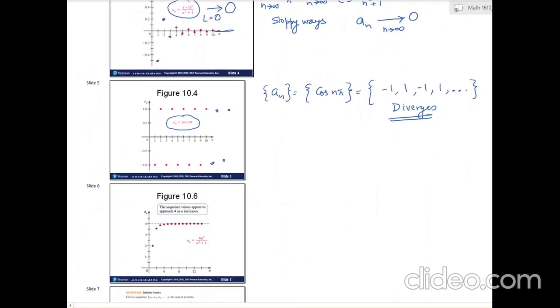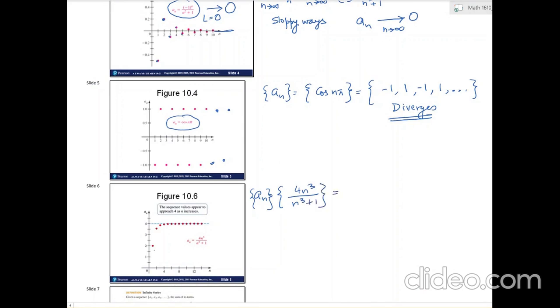Let's look at another one. So here we have the sequence 4n cubed over n cubed plus 1.